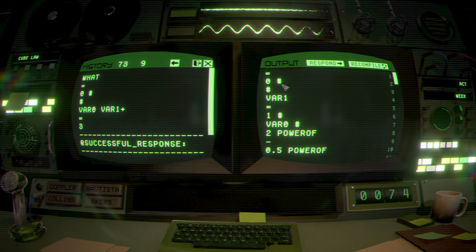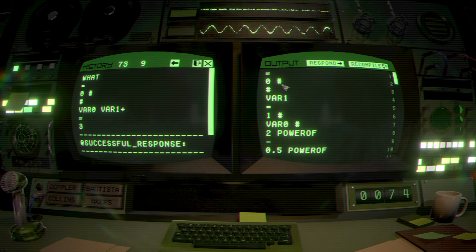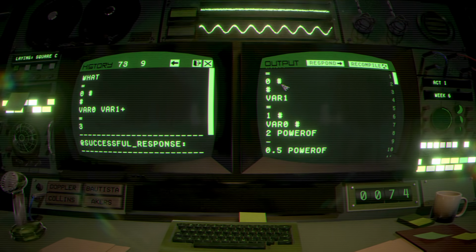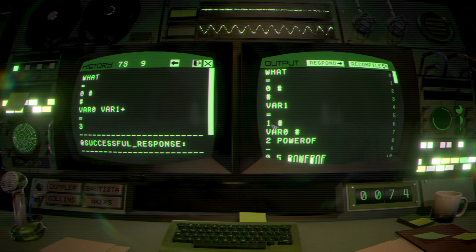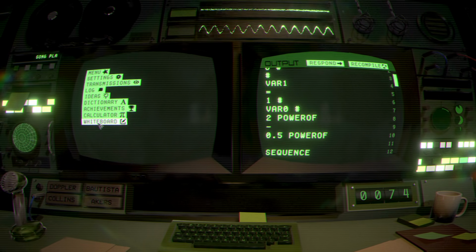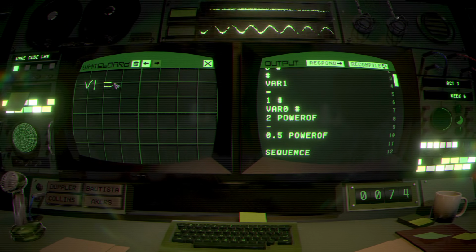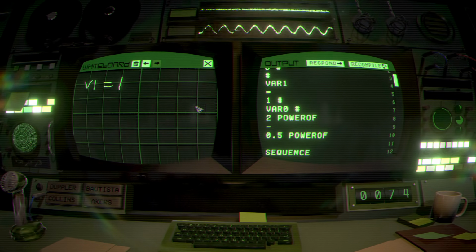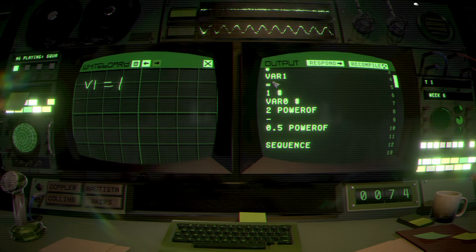Alright, hold on. Let me think about this. Something is not showing up right in my brain. So variable 1 equals 1. But that's not necessarily a distinct message, because we only have one spacer. Notice how this has 2, right?